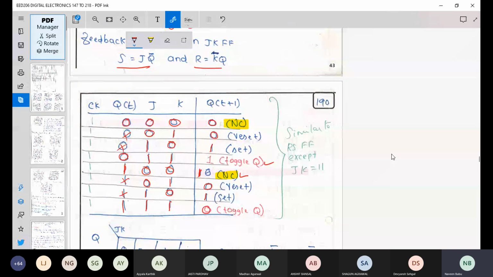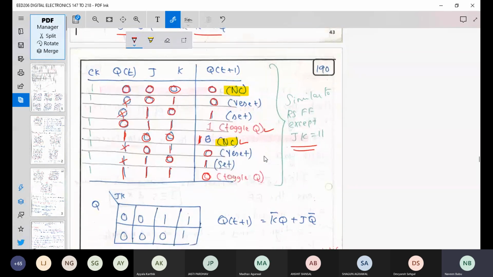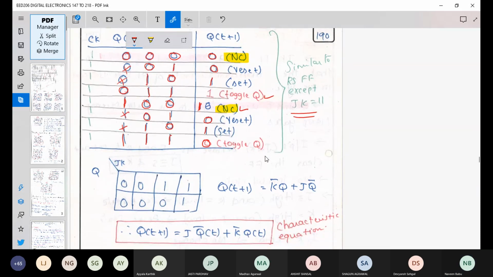Now, what will be the characteristic equation for this? We have to just create the K-map for this. So when you create the K-map, these are the values of 1 here. So we are having 1, 1, 1, and 1. There should be 4 ones, am I right? Yes, there should be 4 ones.